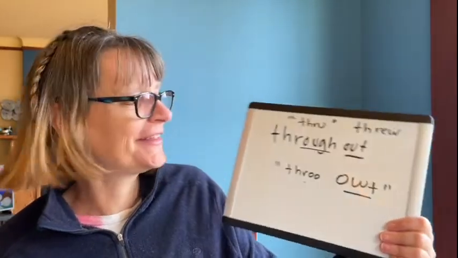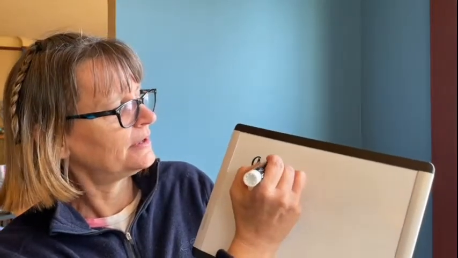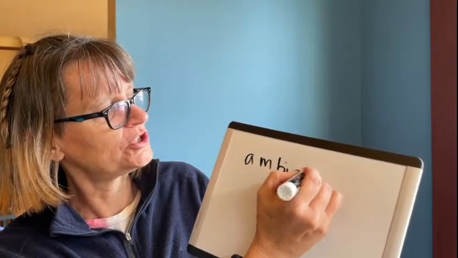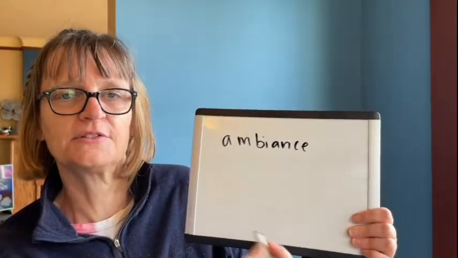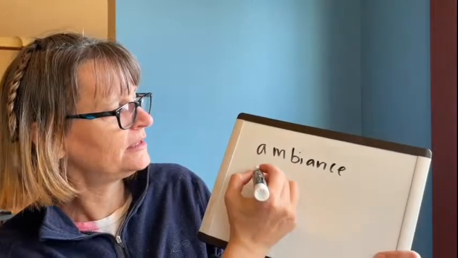That's a great word, thank you. And then you also asked about ambiance. So this comes from the French. Some people will say ambiance, more similar to the French with the ah.